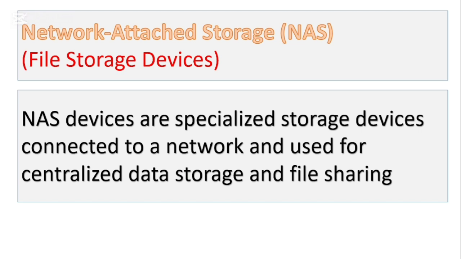That is why you can call this kind of network a file storage device. Okay, good. Because, for example, if you have a small business server or a home cloud storage device, you can share resources.